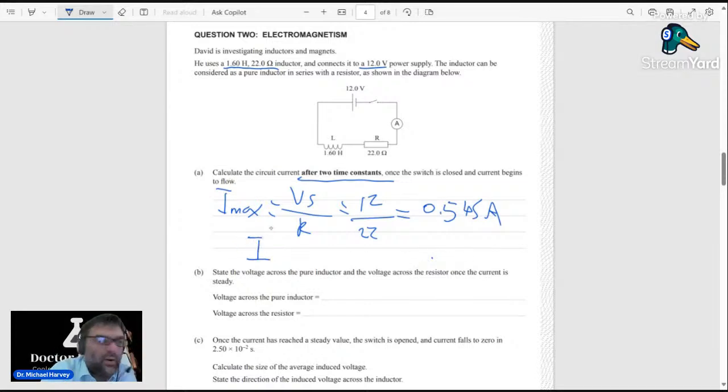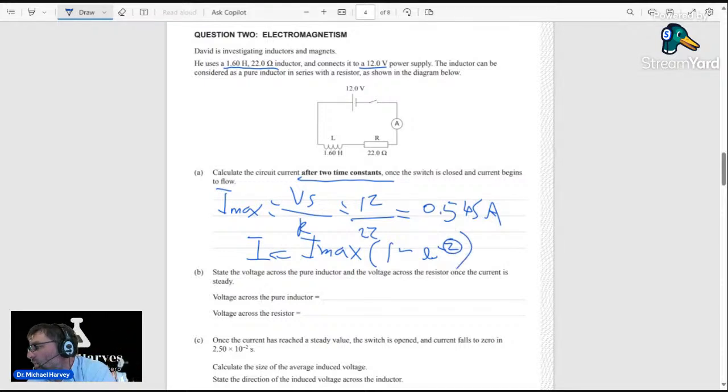The current will equal the Imax, and because it's a natural logarithmic decay curve, it'll just be e to the minus 2. I'm trying to think that, but the way I did it, it's more accurate if you use the natural logarithmic decay curve.